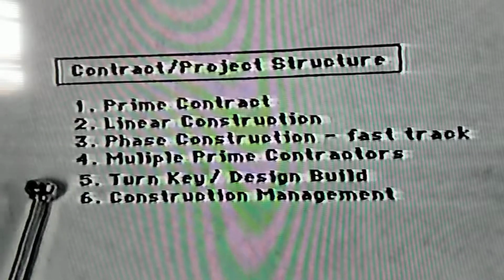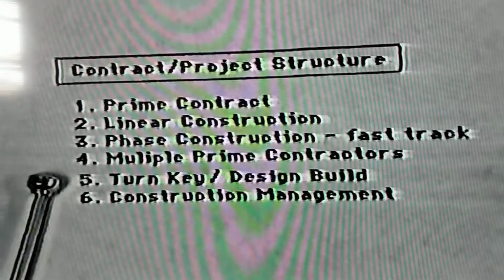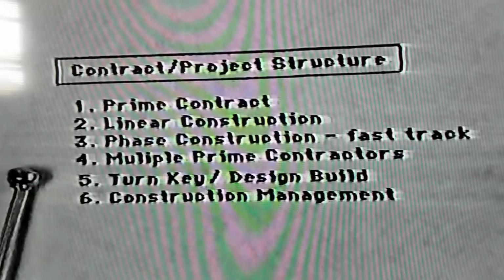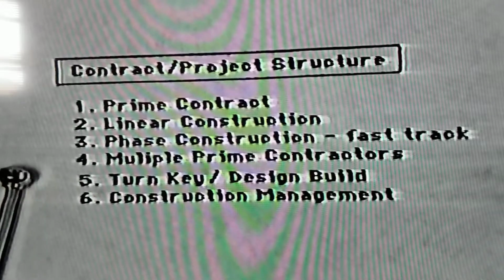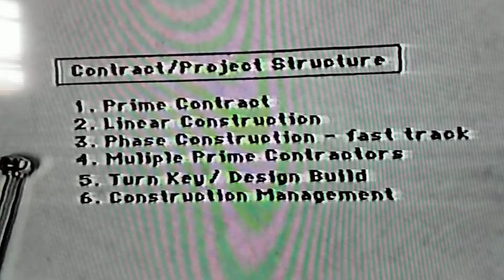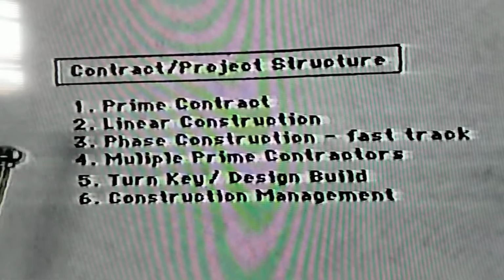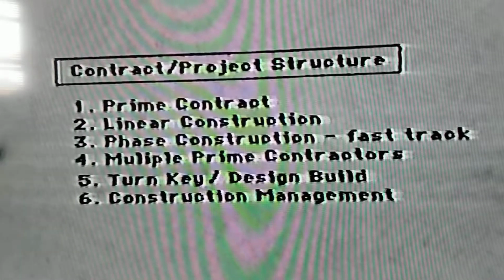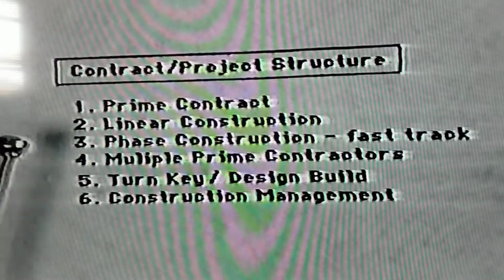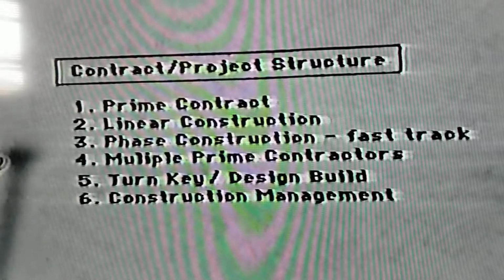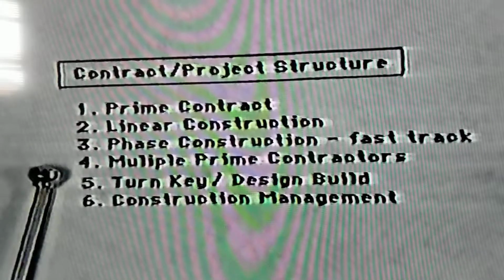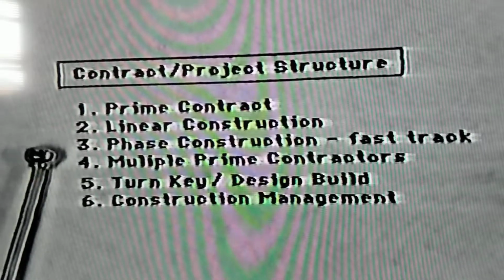This item number 1 stands in contrast with item number 4, multiple prime contracts. In this case, you might have 3 or 4 general contractors, each one responsible for a particular zone of the work, and then, of course, each one of them having inside their agreement a mechanism for coordination to occur between the different prime contractors. Linear construction and phase construction are related.